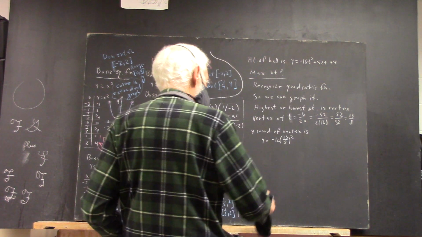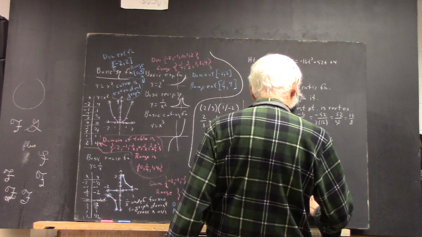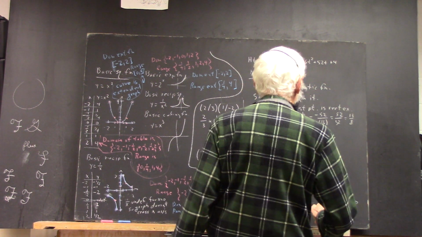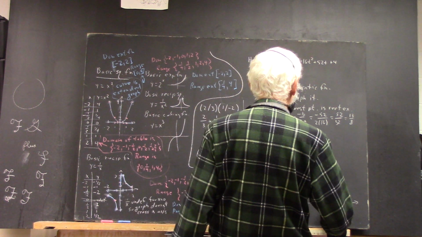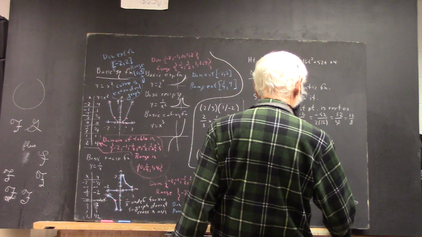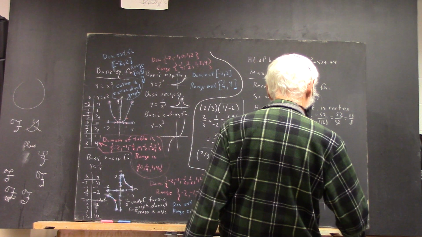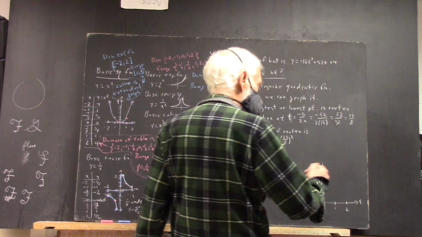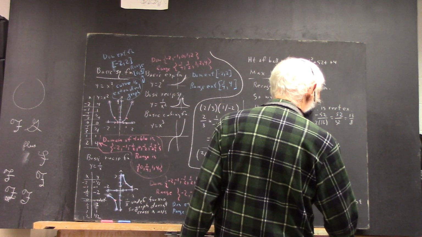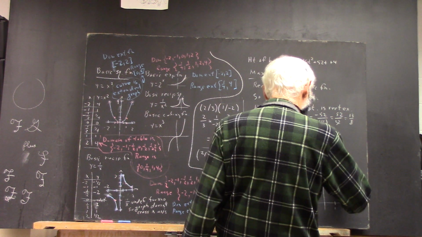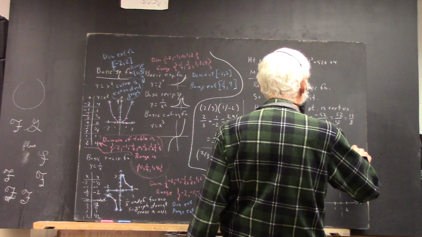Now, in terms of the graph, I'll draw the graph over here, so I probably have room. We have t equals 1, t equals 2. 13/8 is a little more than 1.5, it's 1.625. Here's x equals 13/8.